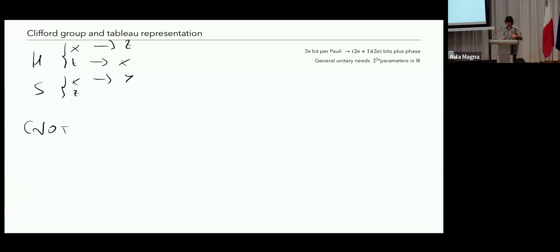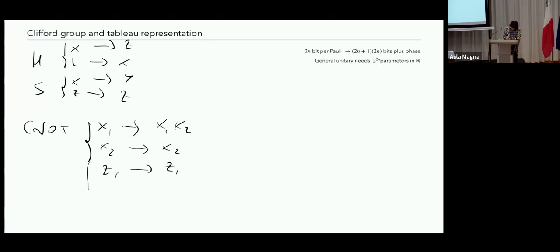I'm just saying, even if you don't know what the Clifford group is, there is this group, these are the operations, and S maps Z into Z. And then the CNOT, we have seen that already, is the entangling gate, a 2-qubit gate. It maps X1 to X1 X2, X2 to X2, Z1 to Z1, and Z2 to Z1 Z2.